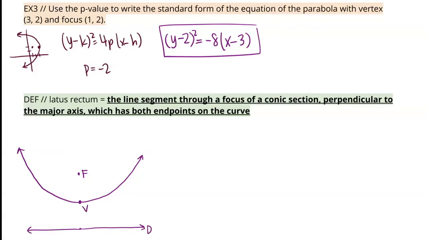So what we do is draw a line that's parallel to the directrix but passes through the focus, which means it's going to be perpendicular to the major axis. My major axis, remember, goes through the focus and the vertex. And it goes from one point of the parabola to the other. That is what's called the latus rectum.